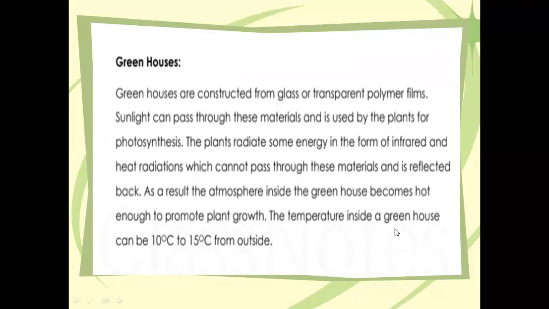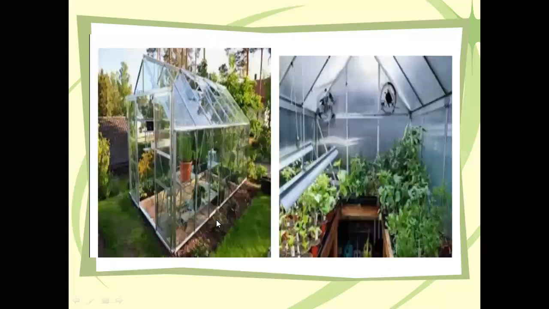The temperature inside a greenhouse can be 10 to 15 degrees centigrade greater than outside. If the outside temperature is, suppose, 5 degrees centigrade, inside it will be 15 or 20 degrees centigrade.